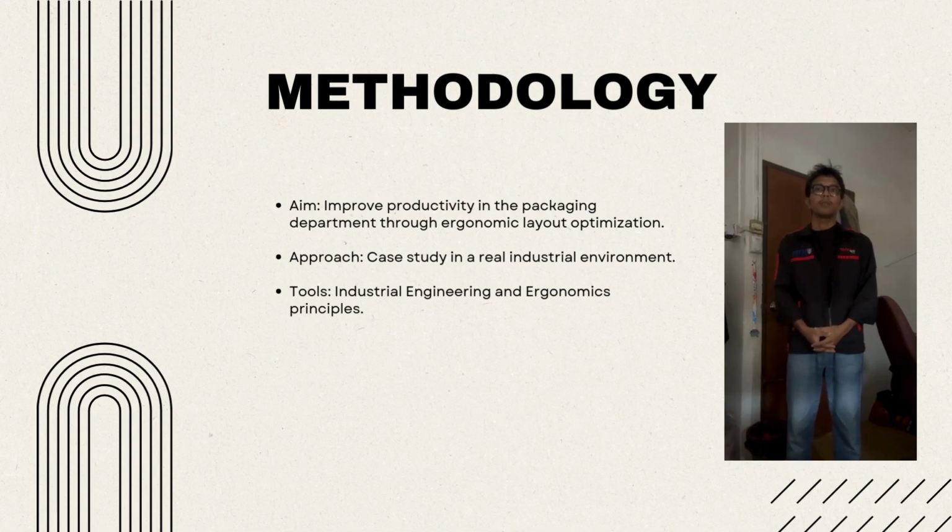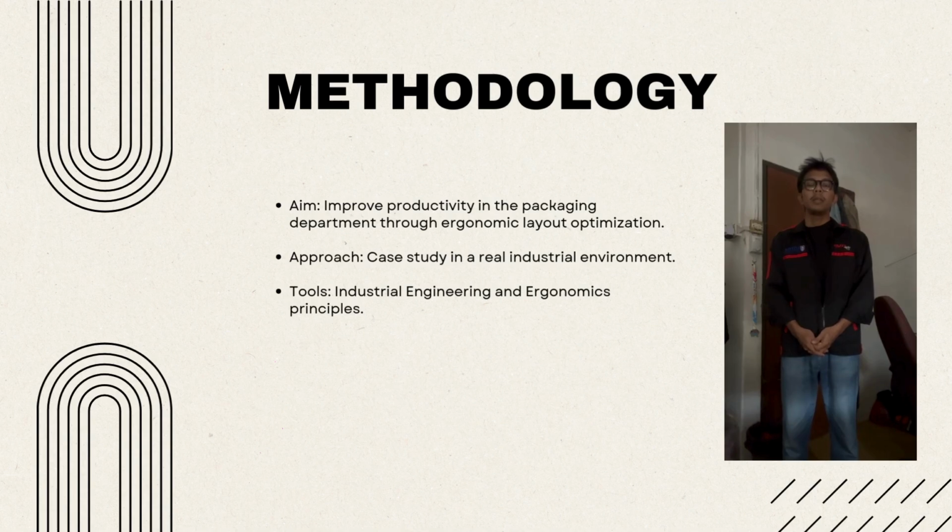This study focuses on analyzing the packaging workflow, identifying inefficiency, and proposing ergonomic improvement to enhance productivity. The methodology combines observation, analysis, and layout redesign in an actual manufacturing setting. The approach involves several structured steps.